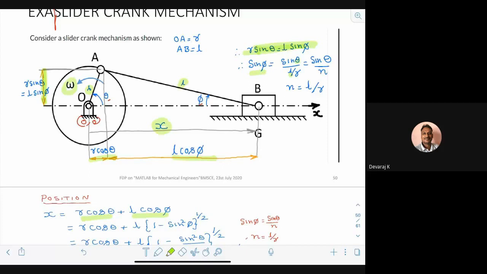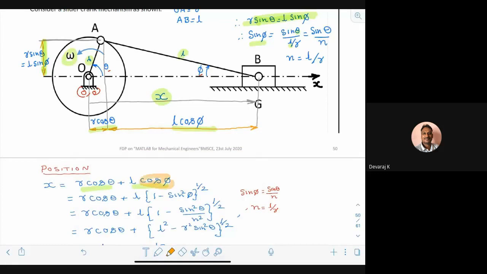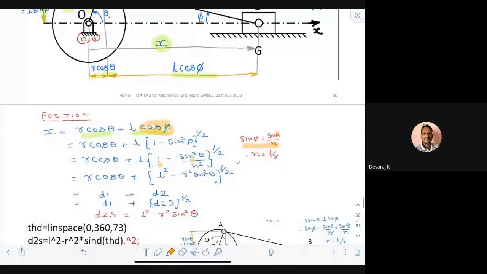So you can rewrite this equation by replacing cos phi in terms of sin phi and then sin theta. Cos phi is 1 minus sin square phi to the power of half, and sin phi is sin theta by N. Therefore, it becomes 1 minus sin square theta by N square to the power of half, and N is L by R. If you replace N as L by R, you get the simple expression for the position of the piston.